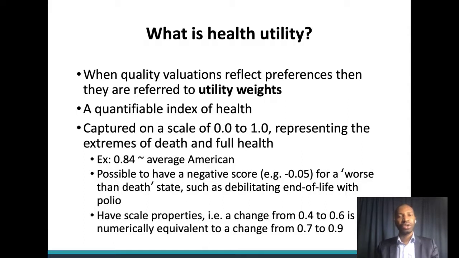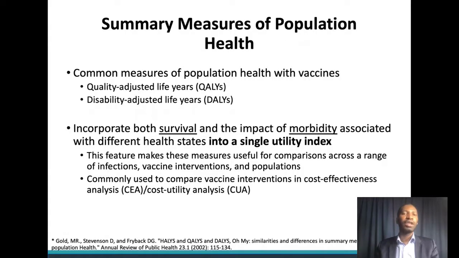These utility measures have scale properties. For example, a change from 0.4 to 0.6 is numerically equivalent to a change from 0.7 to 0.9. Here are some of the common measures of population health with vaccines. First, we have the quality adjusted life years, or QALYs. And second, we have the disability adjusted life years, or DALYs.